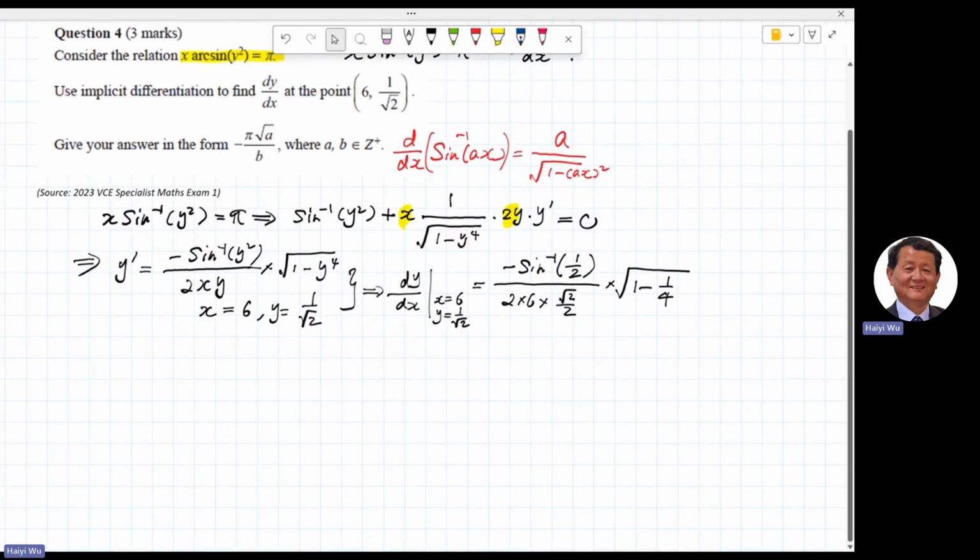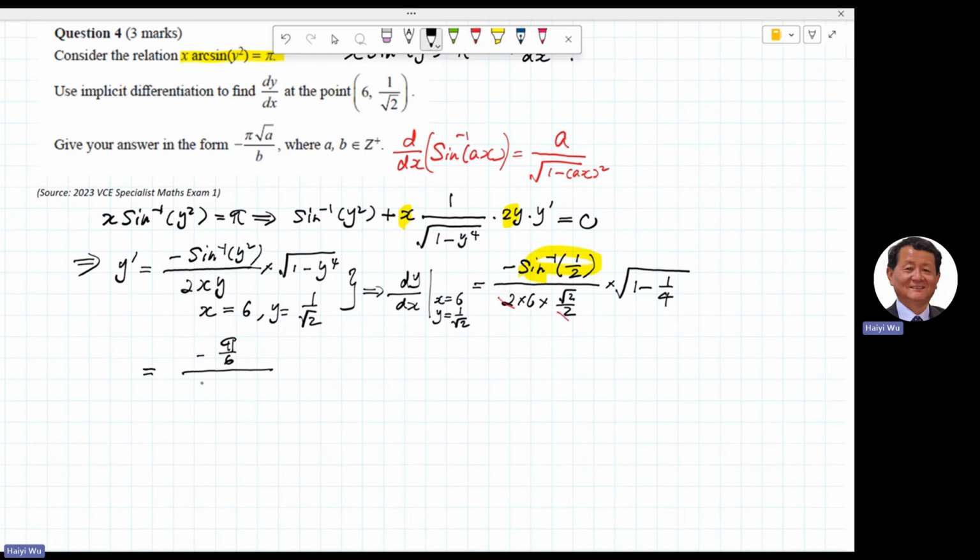Now we do the simplification. The sine inverse of a half is pi over 6, so with the negative sign we get negative pi over 6. These 2 cancel down.